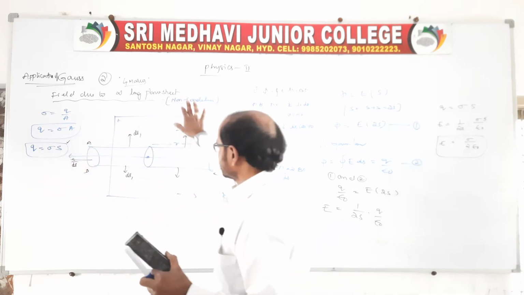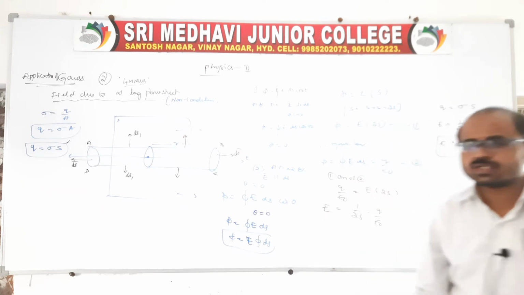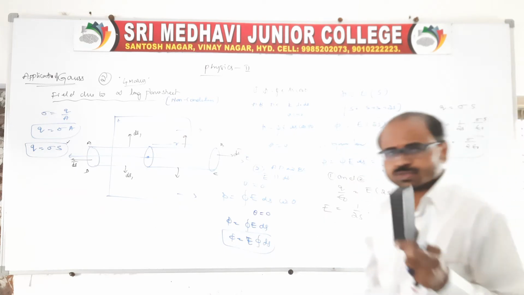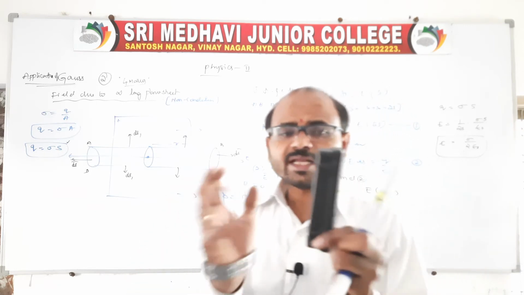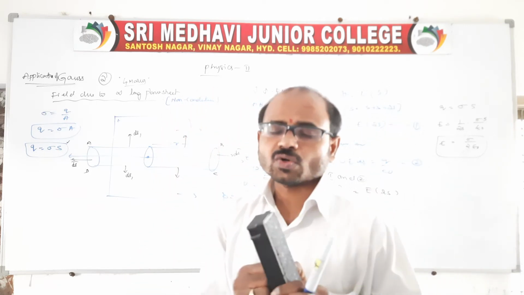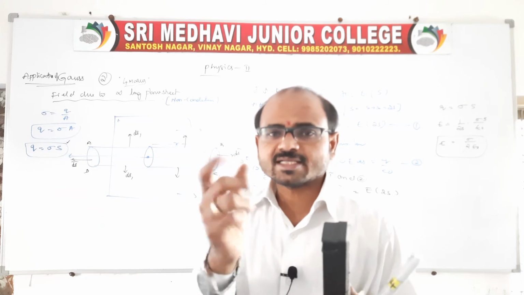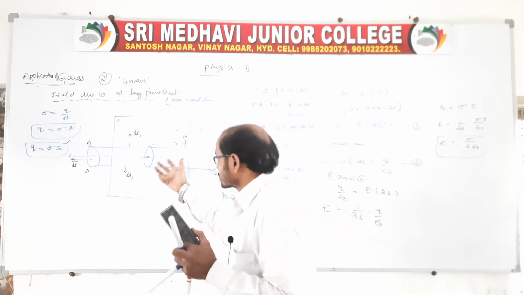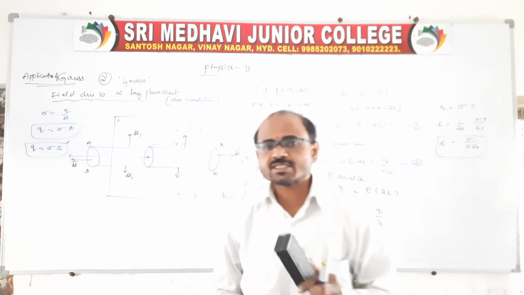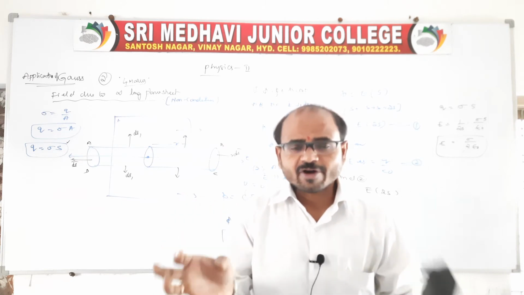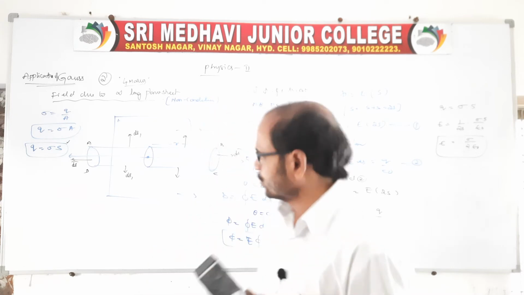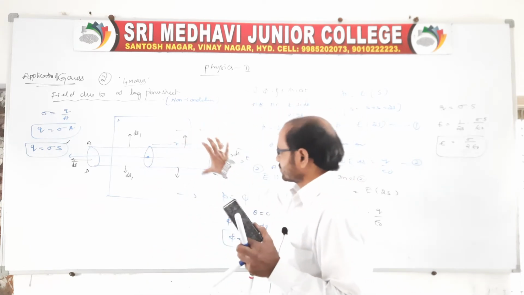Now the charge is distributed completely throughout the given plane sheet, so use that area, because the field will come out from all areas. Construct a closed Gaussian surface, which looks like a cylinder, but you don't say cylinder. It is a closed surface area.